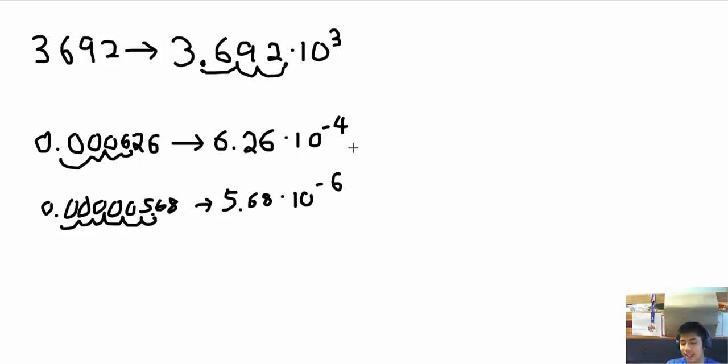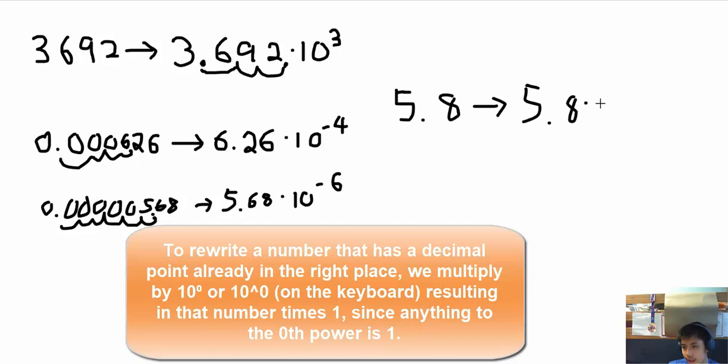Now, let's look at an example of 10 to the power of 0. We use 10 to the power of 0 when we have a number like 5.8, where the decimal is already after the first non-zero number from the left. So 5 is the first non-zero number from the left, and that's between 1 and 10. Therefore, we just rewrite it as 5.8 times 10 to the power of 0.